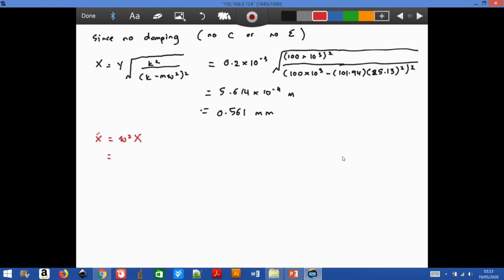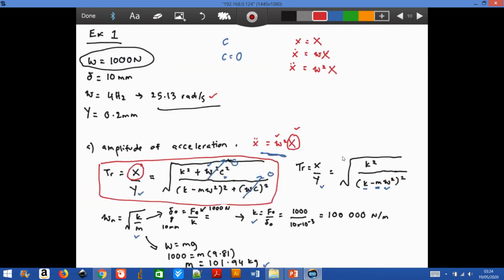So omega is 25.13 squared multiplied by 5.614 to the power of minus 4, equivalent to 0.354 meter per second squared, or 354.3 millimeter per second squared. So we have solved the first question.